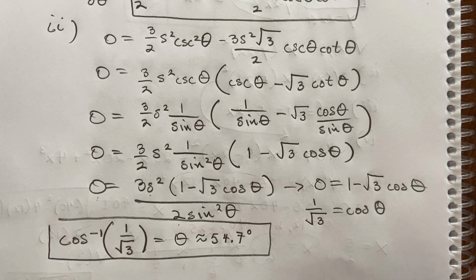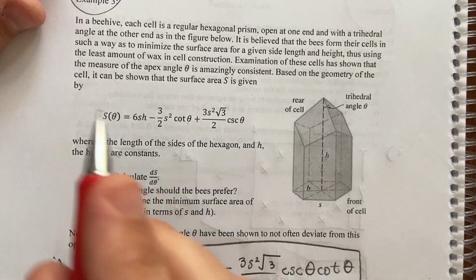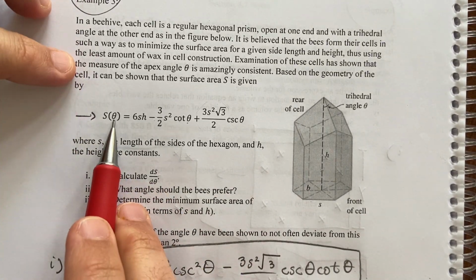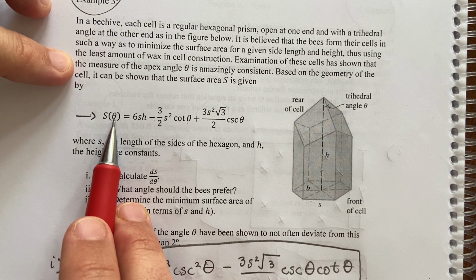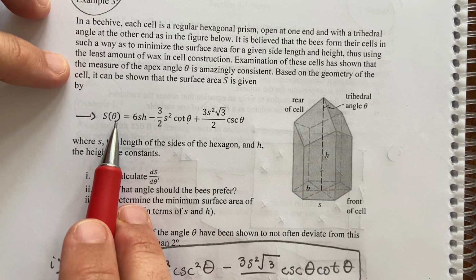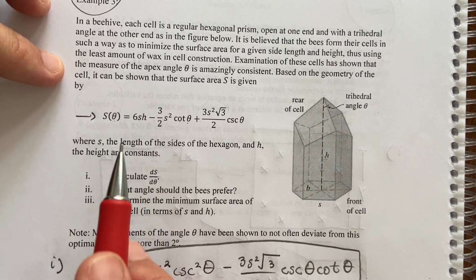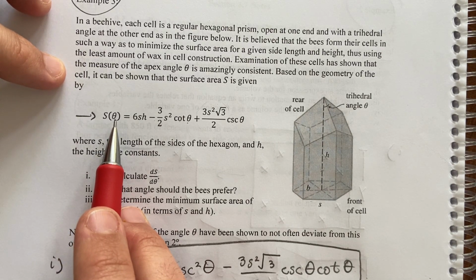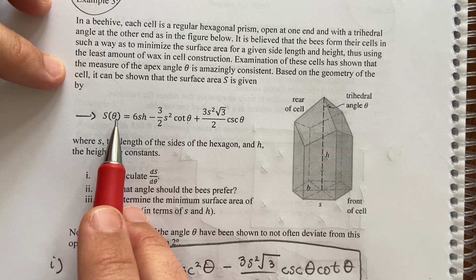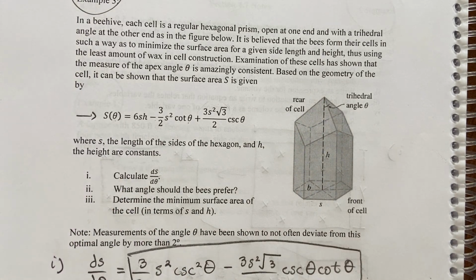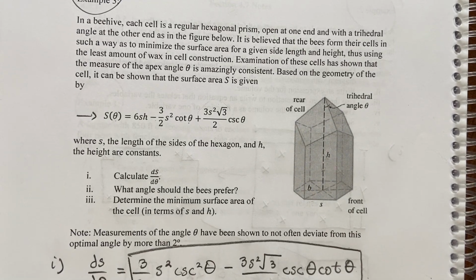So basically, this is the surface area formula here, and I just found the theta that minimizes the surface area. So the actual minimum surface area, the actual value, would be theta replaced with inverse cosine of 1 over √3. Let me grab another piece of paper real quick.